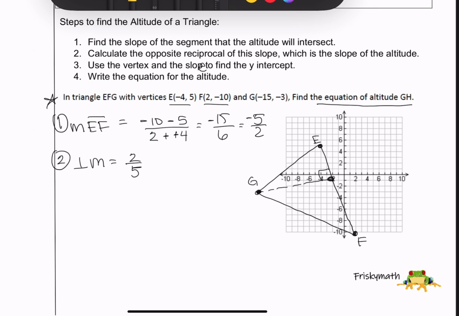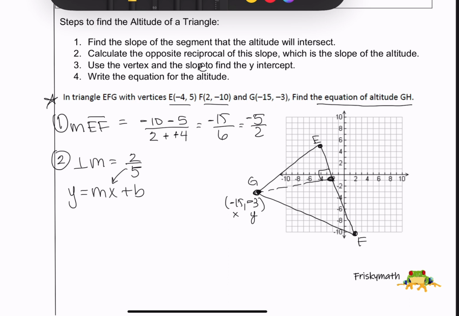I am using the vertex, which is (-15, -3), and the slope. What they're saying is, use the equation of a line, use the slope that we just found, and also use the x and y from G.